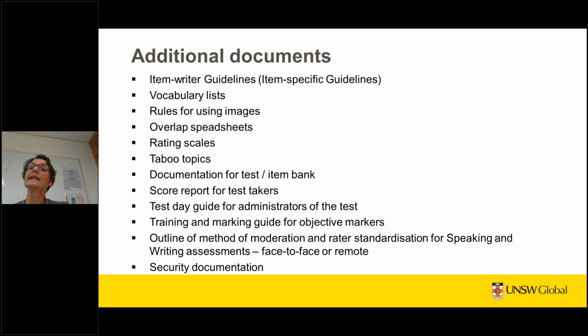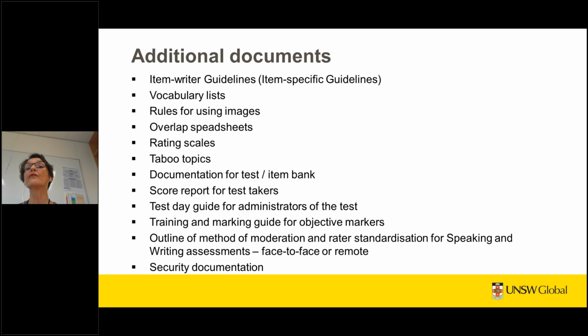You might want a vocabulary list. So the vocabulary from the list can be used in your test, but vocabulary that's not on the list wouldn't be used. That could be an academic word list, or it can be vocabulary from a textbook that's being used. There should be a document for rules for using images if you've got images in your test, because there's copyright on images.